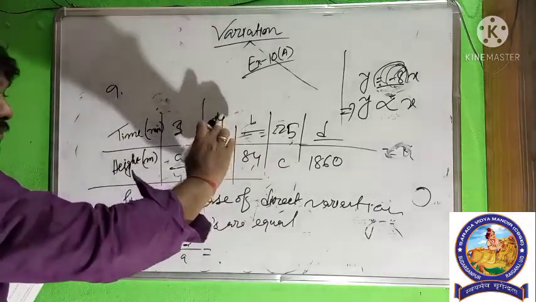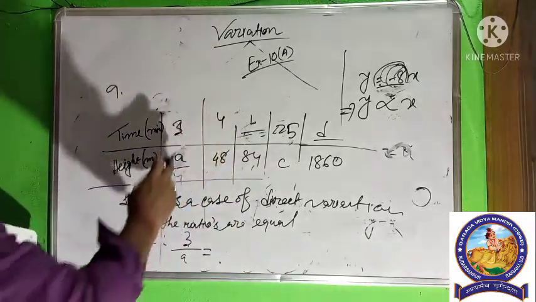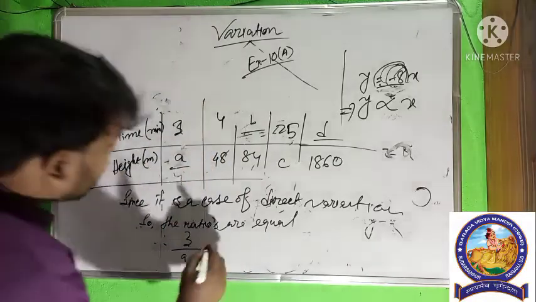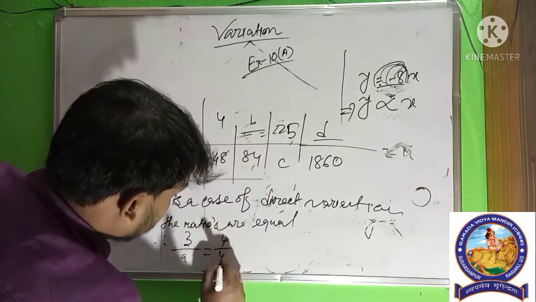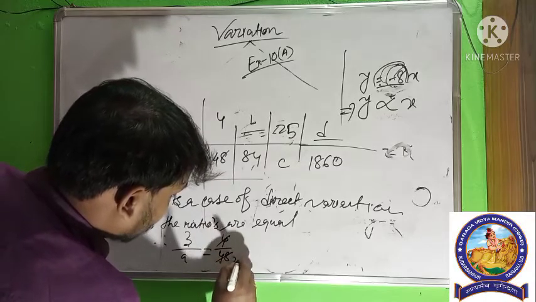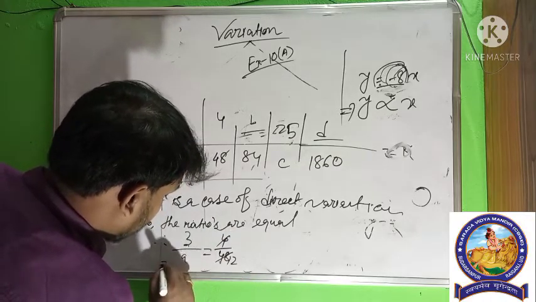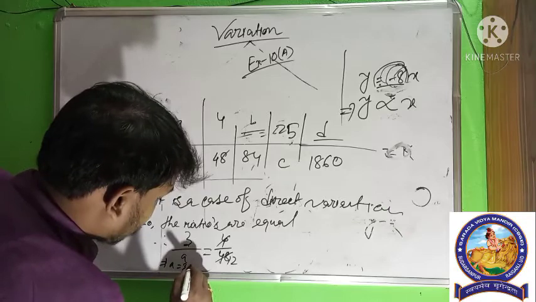So we take the first ratio and second ratio. 3 by A equals 4 by 48, so A equals 36.